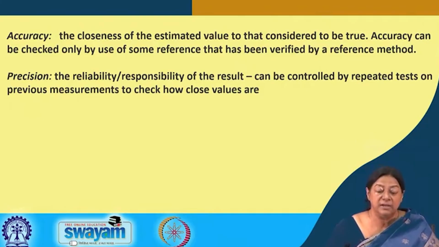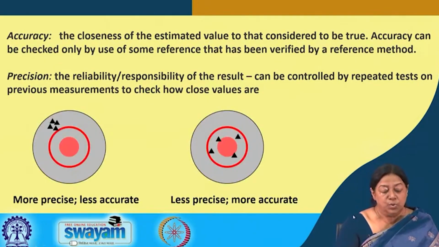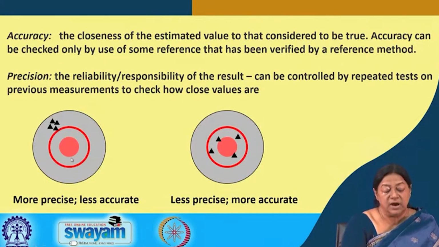Precision is the reliability or the reproducibility of the result that we get, and it can be checked by repeated tests on previous measurements to see how close these values actually are. When we are talking about a target, if this red dot happens to be the target, then here we see that the measurements that we have taken are more precise, but they are not close to the target.